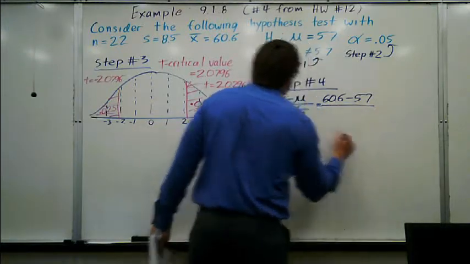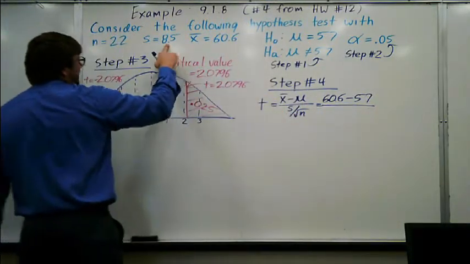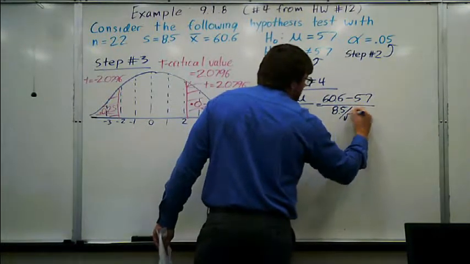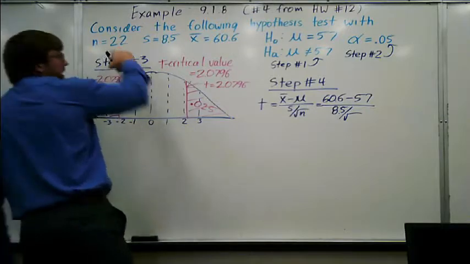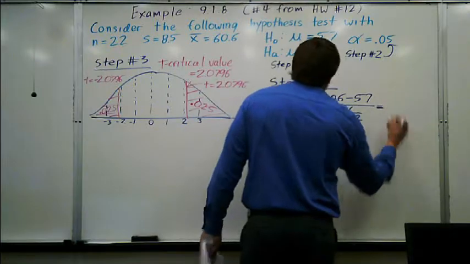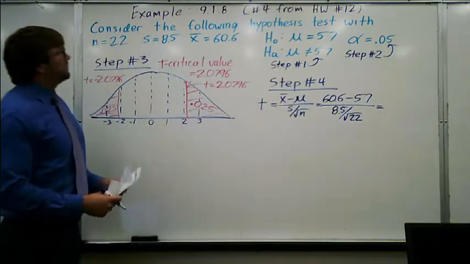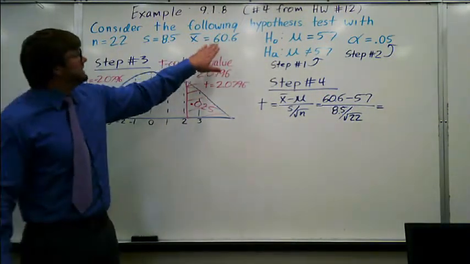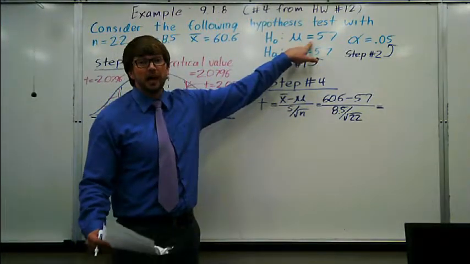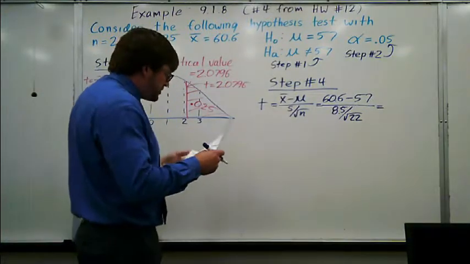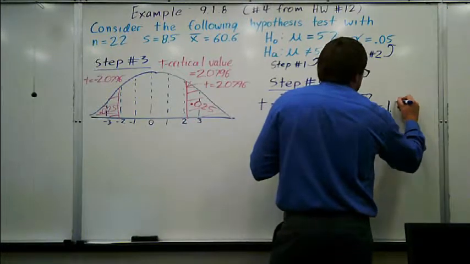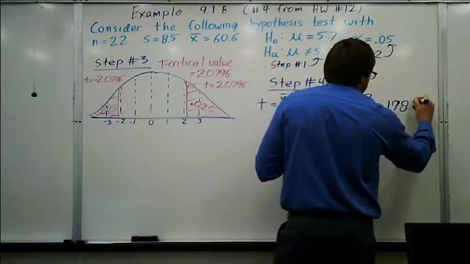Then all divided by our sample standard deviation of 8.5, divided by the square root of the sample size. In this case it was 22. And, well, makes sense, we're going to get a positive t-value because our sample mean was higher than the hypothesized population mean, and it came out to be 1.987.